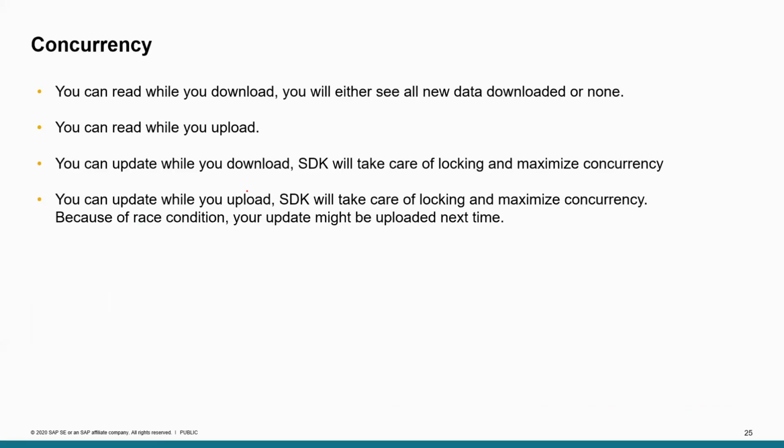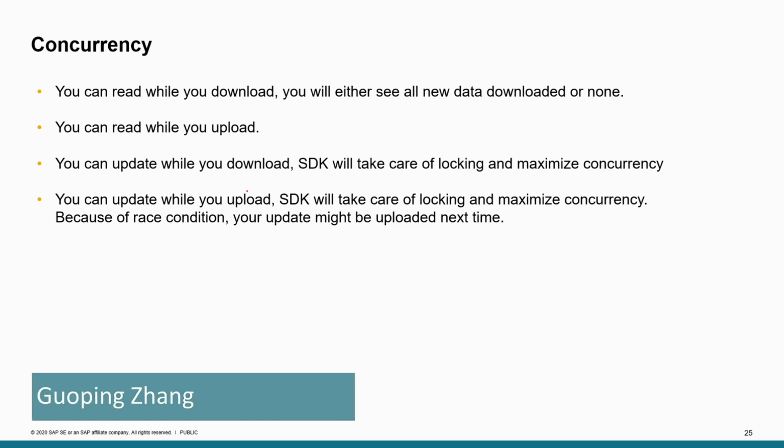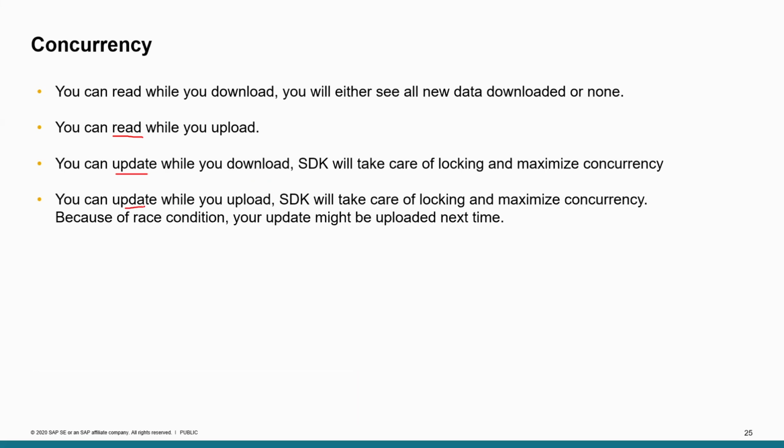And the next thing I want to talk about is concurrency. Our SDK does as much as it can to maximize concurrency. You can do a lot of things while you download. You can read while you download, you can read while you upload, you can upload while you download, and update while you upload. But we will maintain data integrity. When you read while you download, we will never present partial data to you.